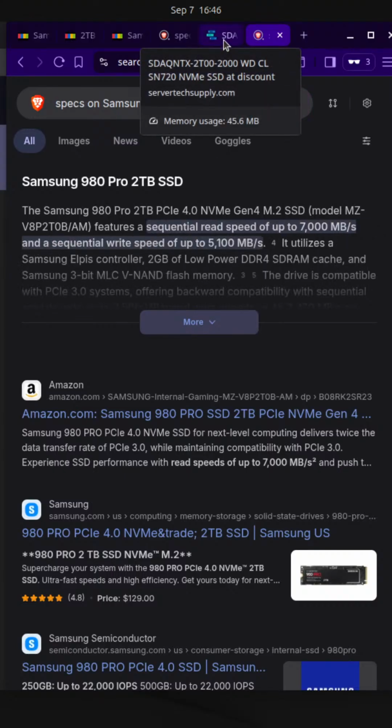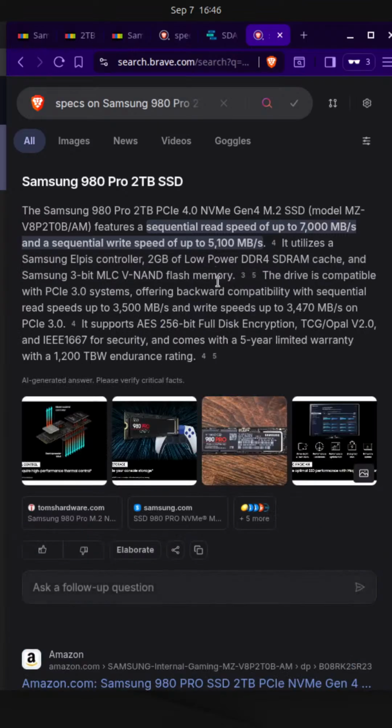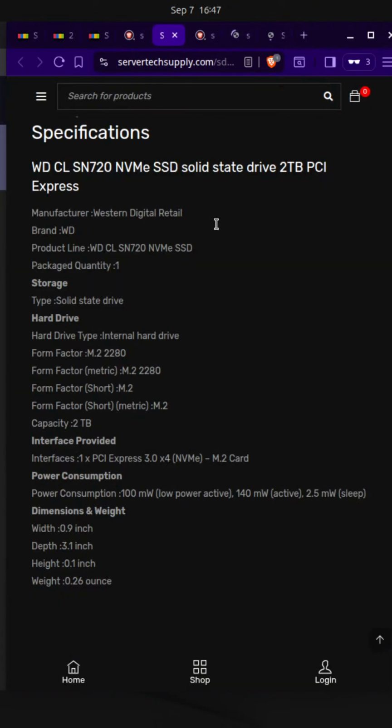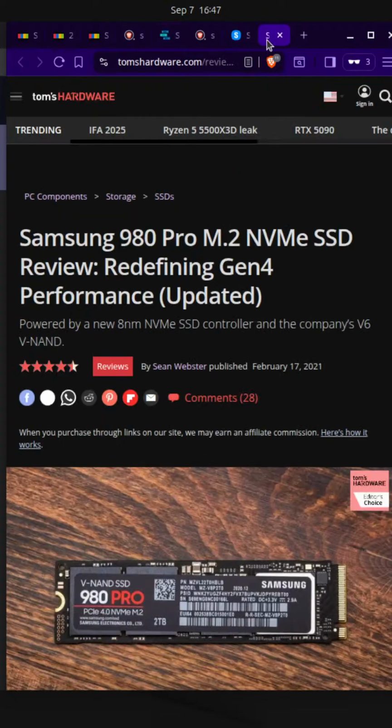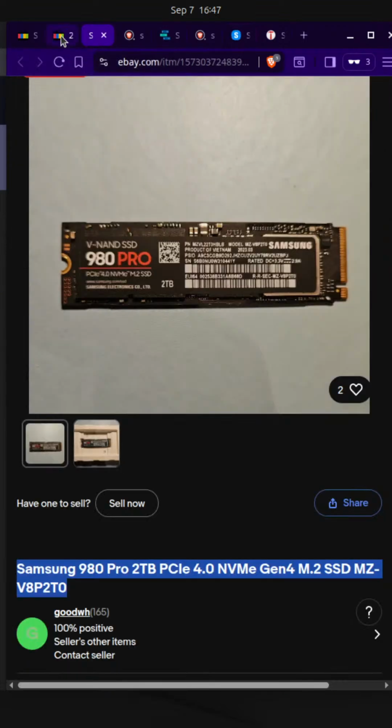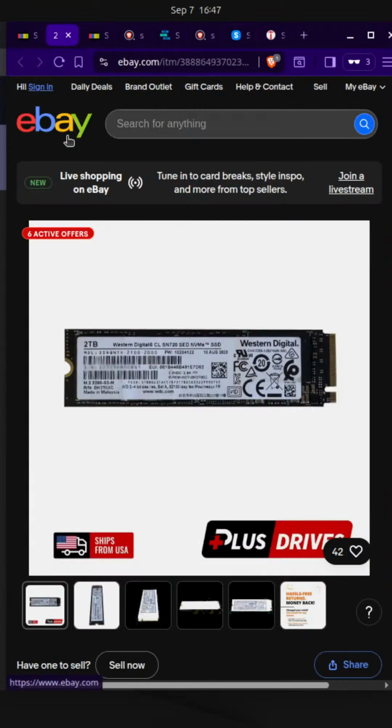Alright, so the Samsung is faster. Tom's Hardware. Show me some power consumption. Are those pins the same as the Western Digital one? I'm trying to figure out if it's compatible with my computer.